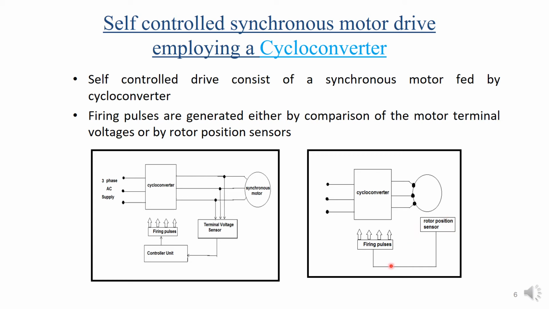Using the rotor position sensor, the firing angle is calculated and given to the cycloconverter. So in two ways we can do self-controlled synchronous motor drive using the cycloconverter.